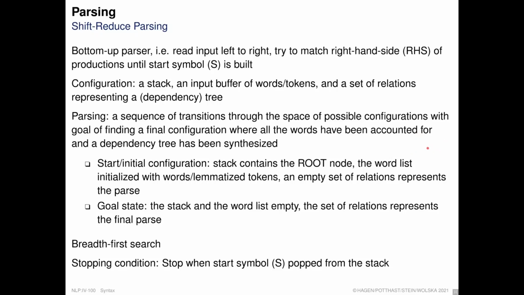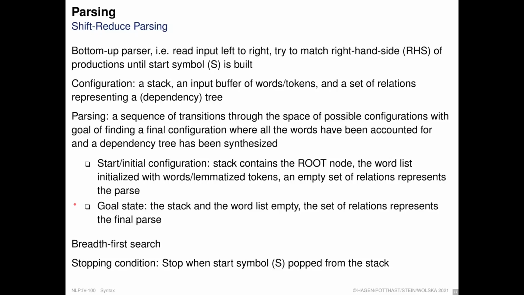At the beginning, the initial configuration is that the stack contains the root node of the sentence, and the word list is initialized to the words or tokens, lemmatized tokens from the sentence, and we have an empty set of relations. And the goal state that we want to arrive at is the stack and the word list being empty, so we've consumed all the words.